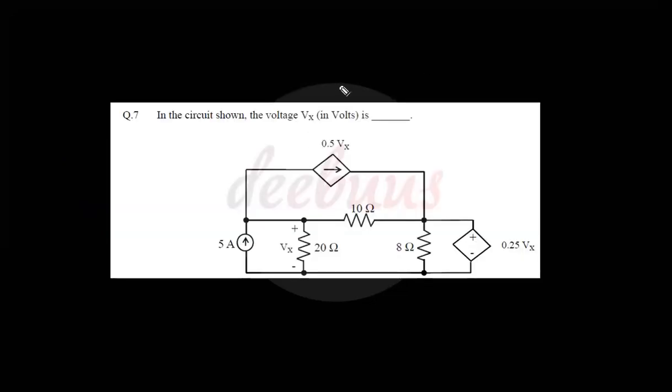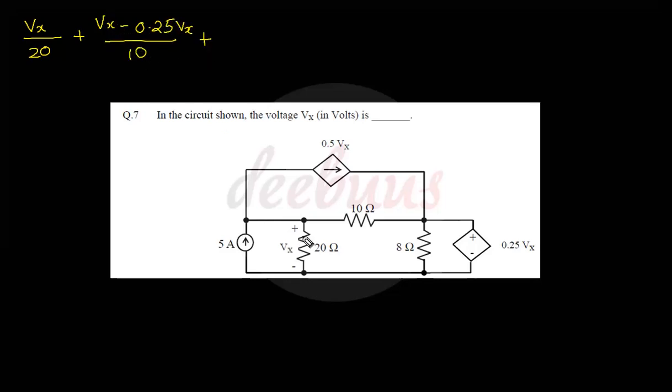Moving to the next question, in the circuit shown, we have to find the voltage Vx in volts. Vx is the voltage across 20 ohm. So it's a direct question. We can write the node equation: Vx by 20 plus (Vx minus the voltage of this node, 0.25 Vx) by that resistance 10 ohm.